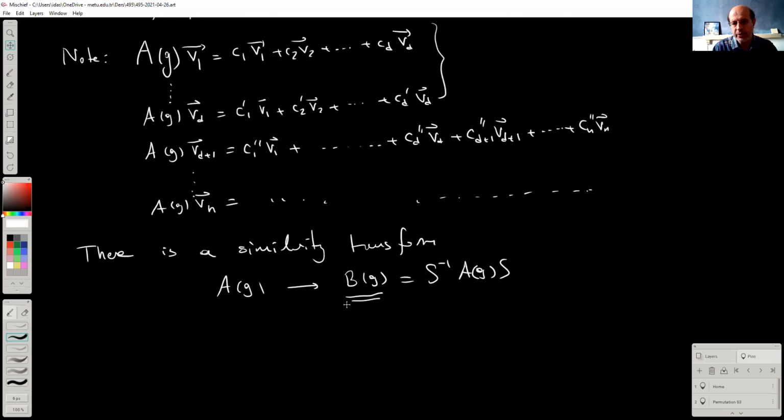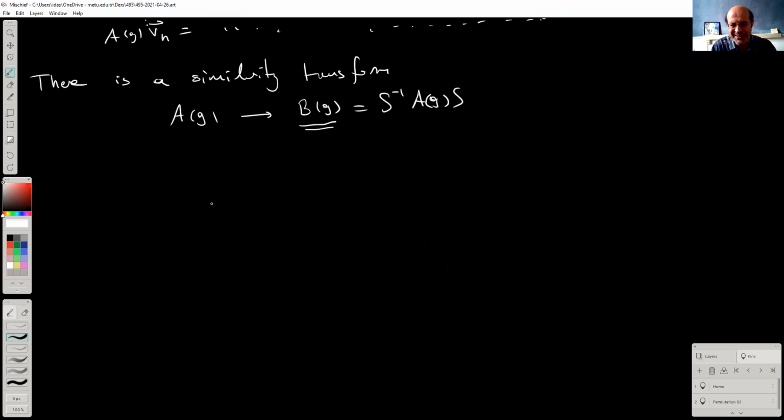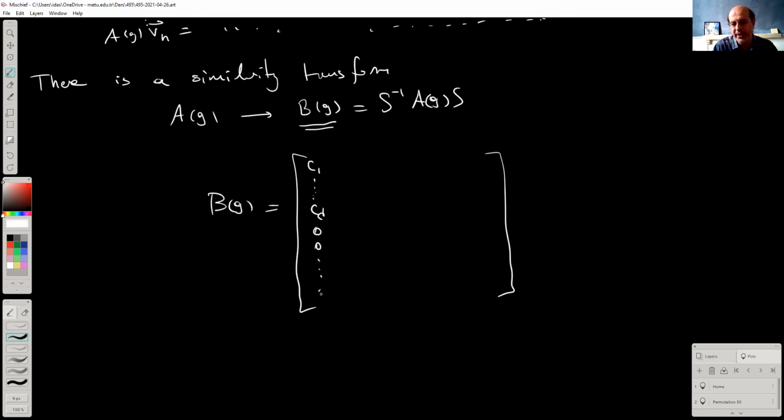So if I then write these matrices down, just keep in mind that V1 is the first standard basis vector for B of G. So B of G then has a matrix expression like that. In the first column, I'm going to have these first D coefficients and zeros for the rest.